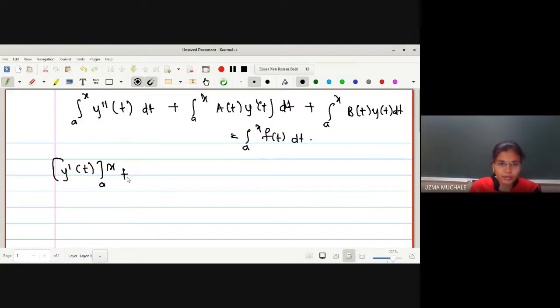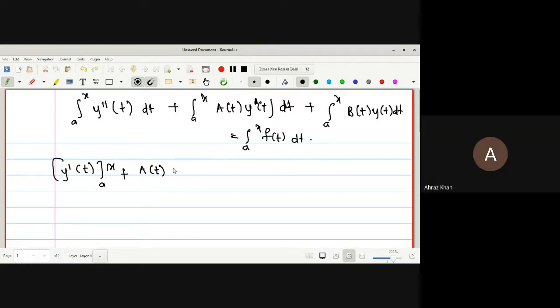Now let us see what we can do for the second term. Here there is a y dash, so we can apply integration by parts. I hope you know integration by parts. The first term we can keep as it is. We can do the integration of y dash of t. What will be the integration of y dash of t? It is y of t.